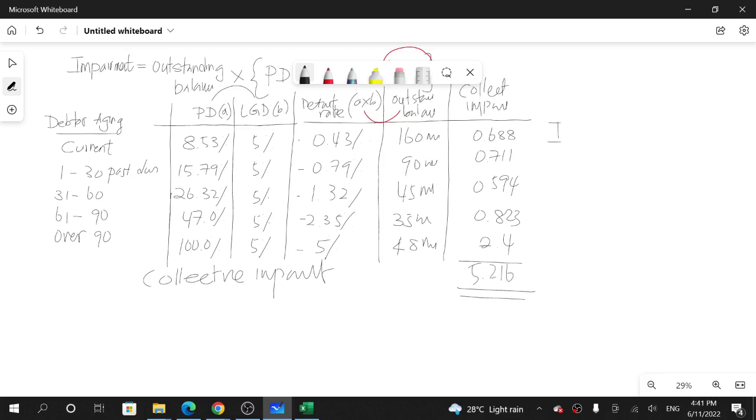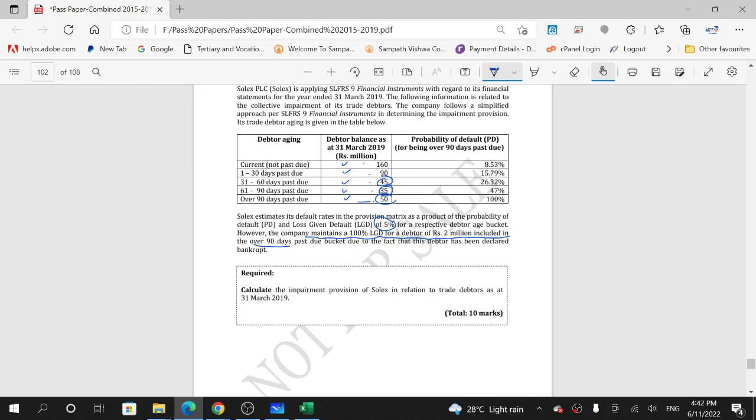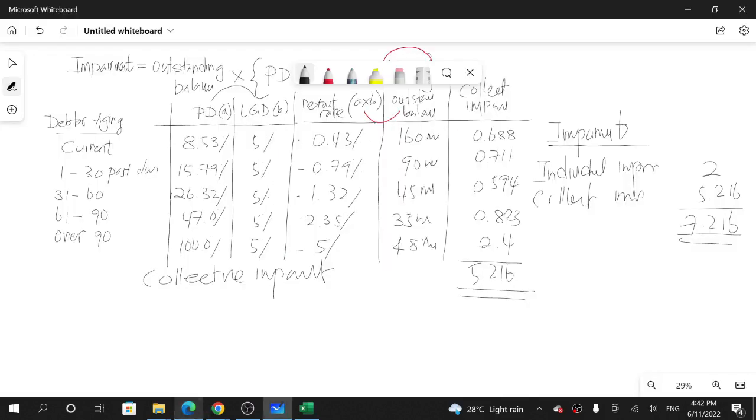Then you can calculate the total impairment. Individual impairment: you identified that there was a 2 million debtor who is fully bankrupt, and collective impairment is 5.216. Altogether, the total impairment is 7.216. So that is the answer for this question. They asked to calculate the impairment provision under SLFRS in relation to the debtors. So this is the provision that you want to put, 7.216.